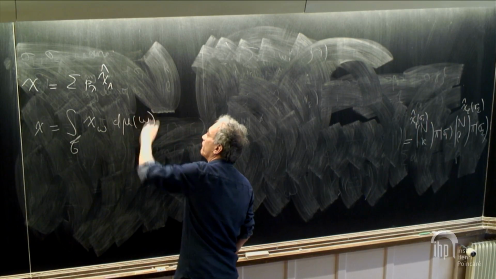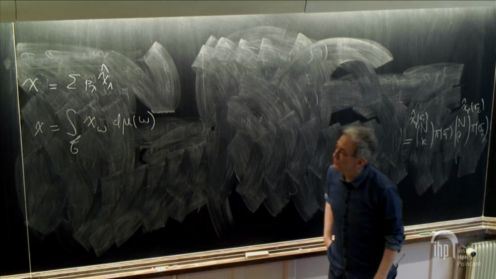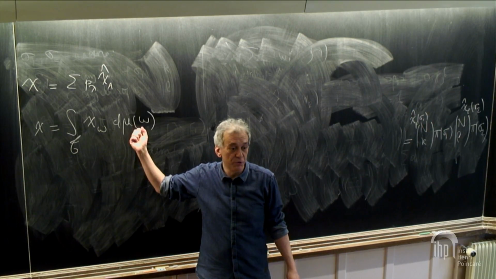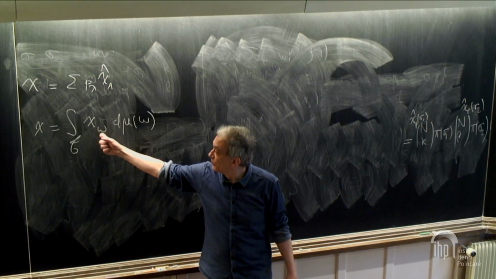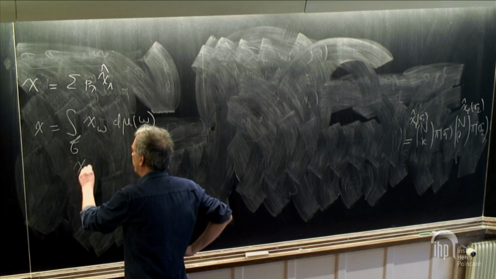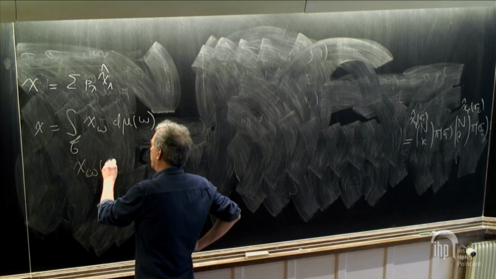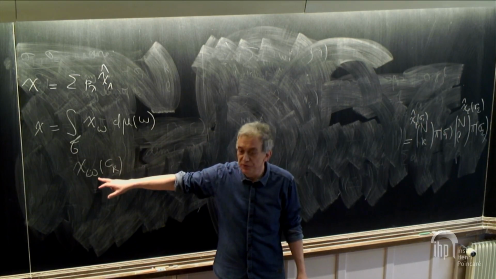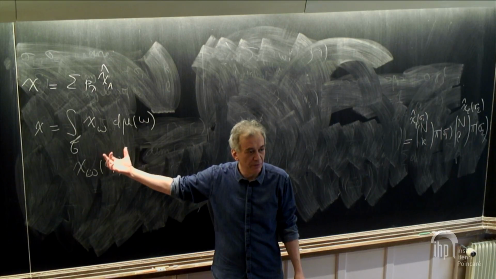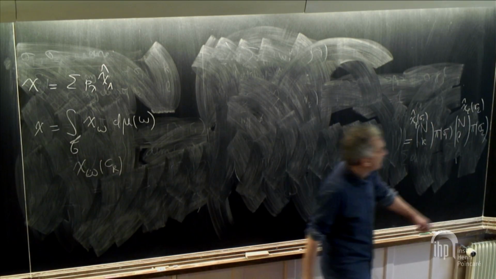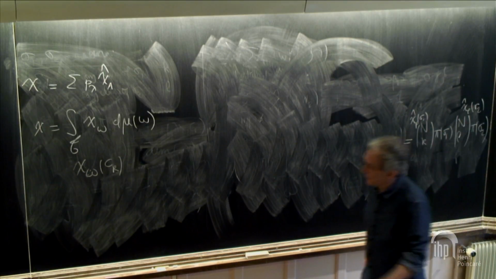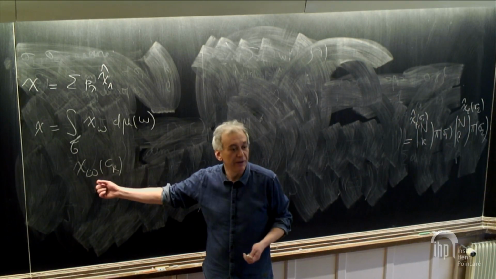And now it is not difficult to see that this representation will be unique. If you look at chi omega of c_k, every point in the Thoma simplex I can identify with a probability measure on -1 to +1, the limit of the sum of delta alpha i, and so on.